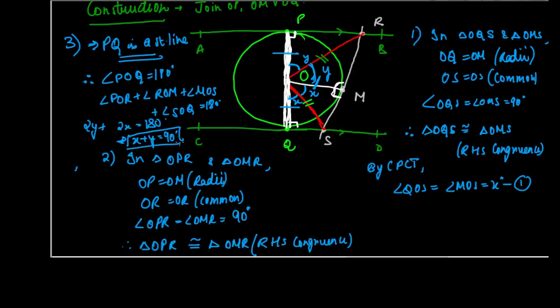This is my key step. Why? Because x is angle SOM and y is angle ROM, so angle SOM plus angle ROM is equal to 90 degrees. And what is the sum of these two angles?